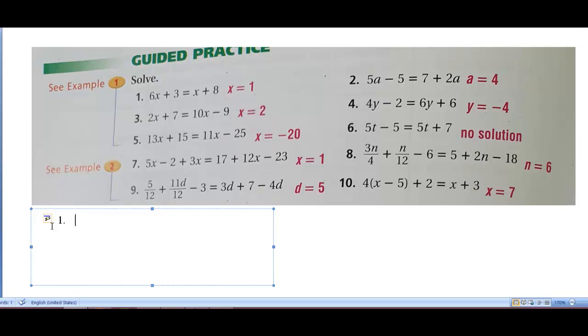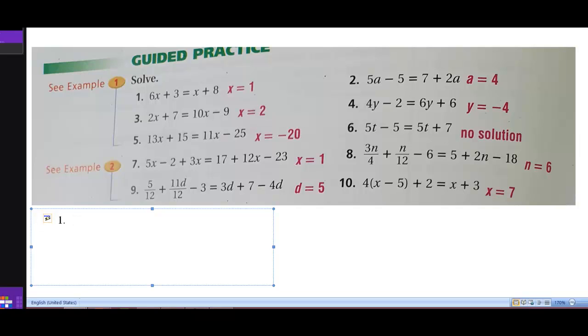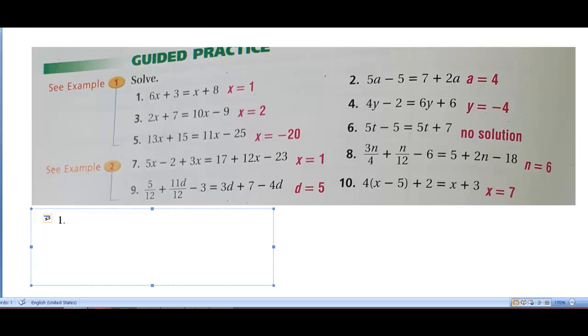We have x and 6x, 6x on one side and x on the other side.